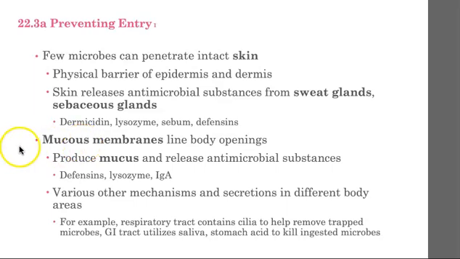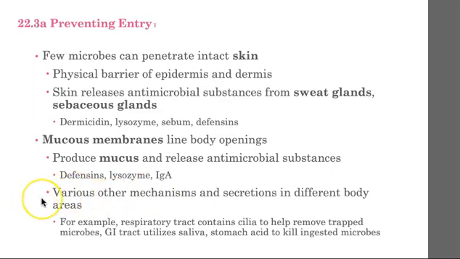So the other physical barrier that we have are mucous membranes, and they line our body openings. Within those membranes, we're going to produce mucus and release antimicrobial substances as well. We already talked about the defensins and lysozyme, but we also have an immunoglobulin, specifically A, that is going to be found within the secretions that will combat our pathogens.